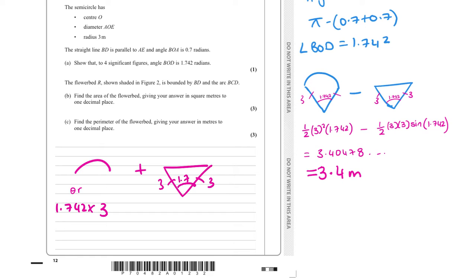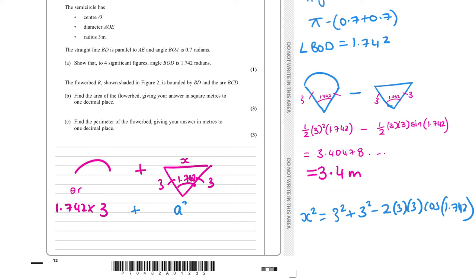Now, how do I find the length of the other side of the triangle? We have to use the cosine rule, remember, to find this length here. So we know that a squared equals b squared plus c squared minus 2bc cos A. And then we square root it, right?